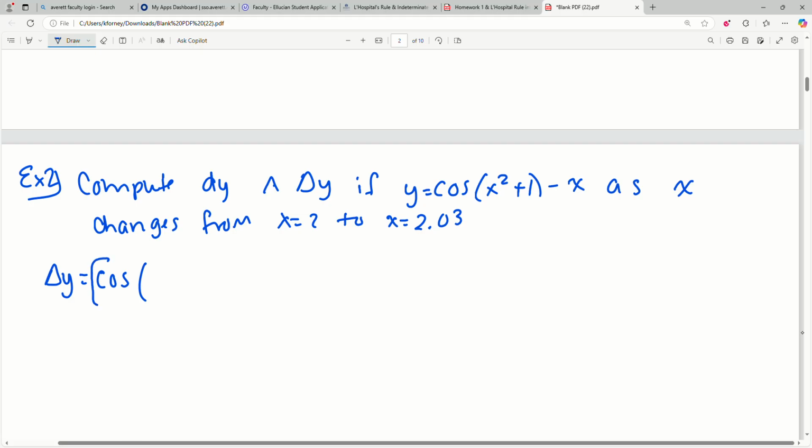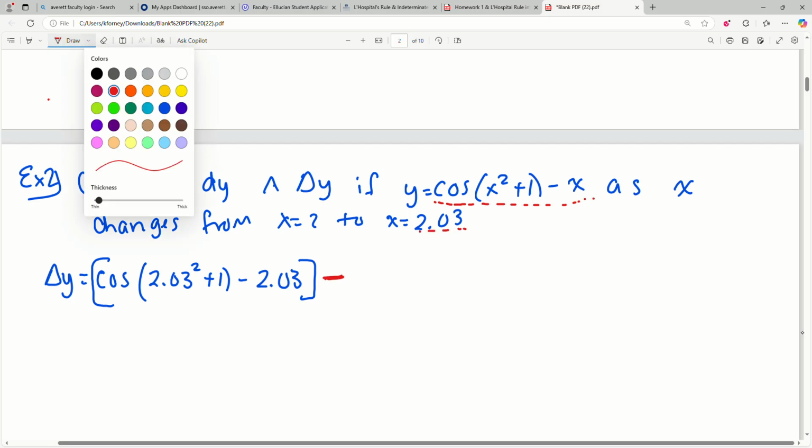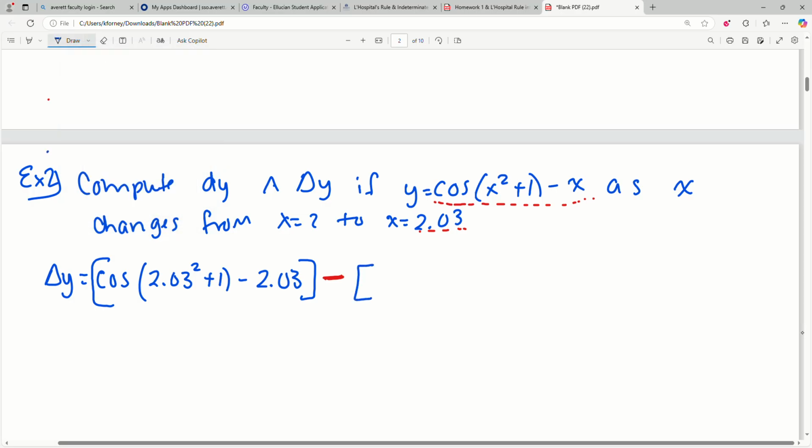So I'm going to put them in brackets: the cosine of 2.03 squared plus 1, minus... what I just did is plug in 2.03, minus the same thing but with x being 2.